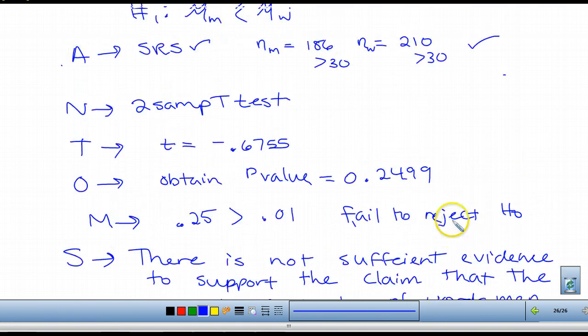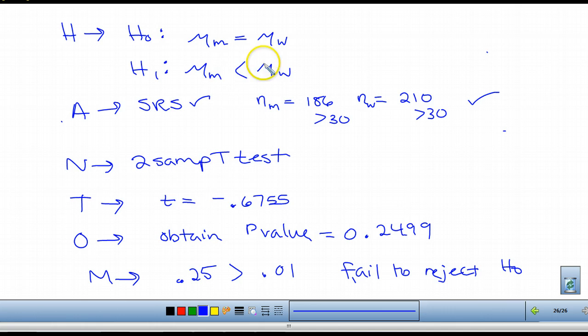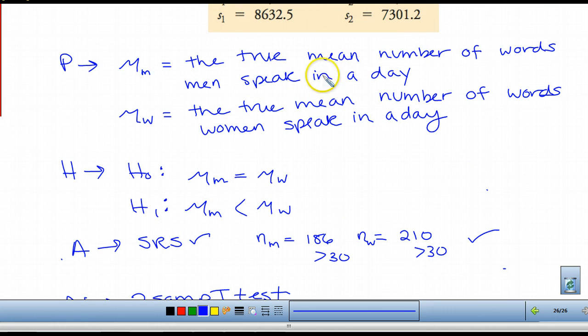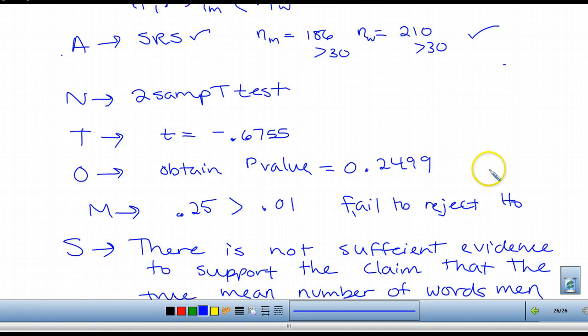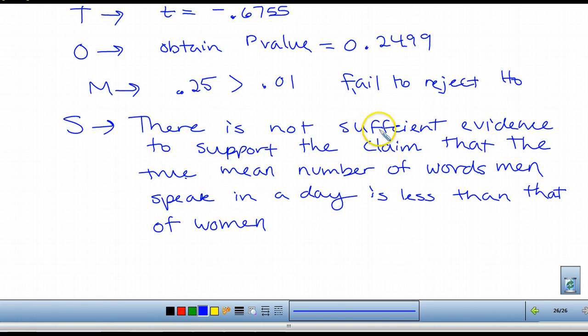Now, you could do this because I was following what we've always done, addressing the population parameter, addressing the alternative that we have here, and then tying it in with there's enough evidence or not enough evidence. Because the question said, do women speak more than men, you could change this and say there is not enough evidence to support the claim that the true mean number of words women speak is more than that of men. So you can switch these around to mimic what was said in the question, and that would be fine as well.